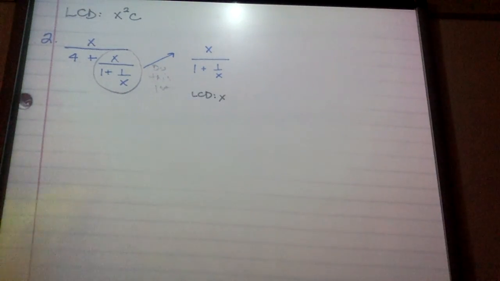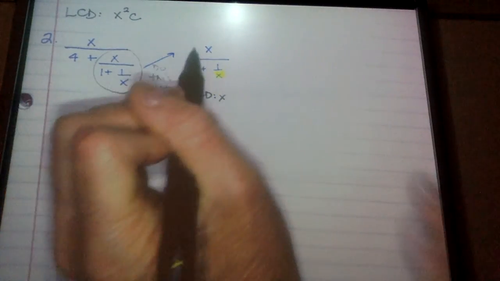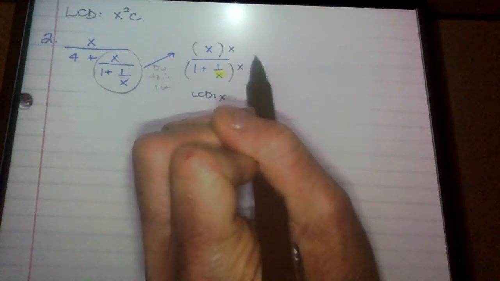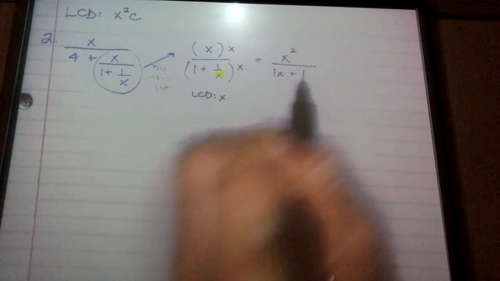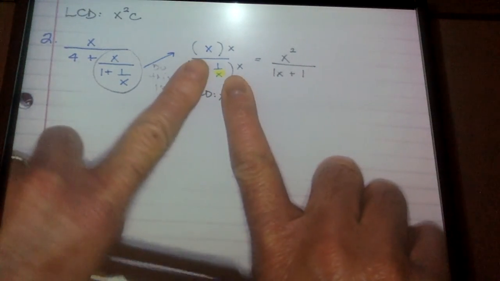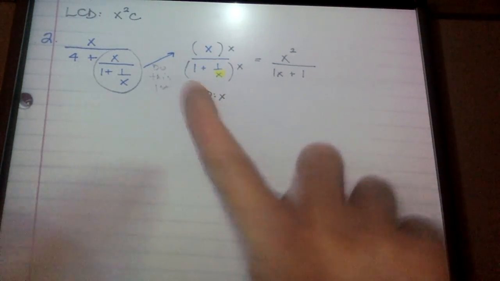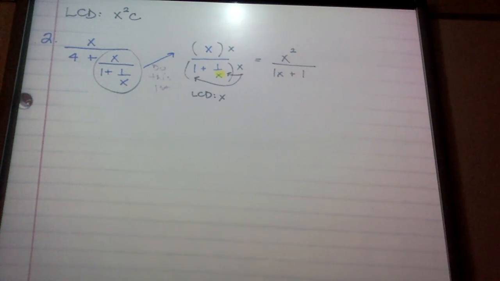In fact, x is the only denominator. So I'm going to multiply everything by x, and that will give me x squared over 1x plus 1, because when I multiply these two pieces, the x's will cancel. So x times 1, right, I have to distribute, and x times 1 over x gives me 1. So this is what I'm left with.